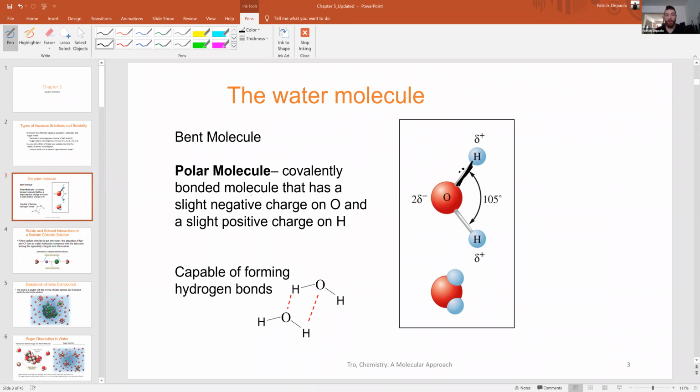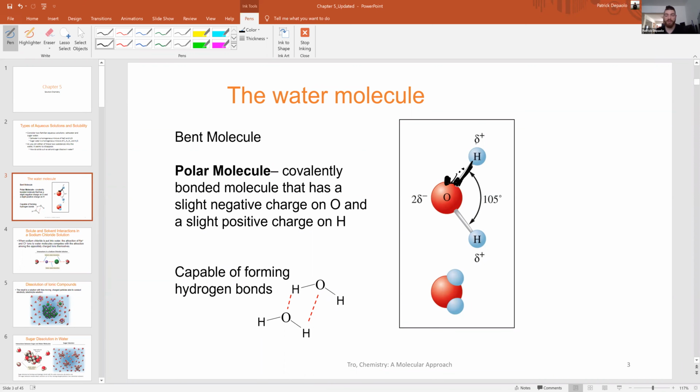But for polar molecules, there's an uneven sharing, meaning towards the atom that's more electronegative, which we'll learn about in later chapters, the one that basically wants the electrons more, the electrons will actually go towards that atom. So the electrons in a hydrogen-oxygen covalent bond are actually very close to the oxygen.